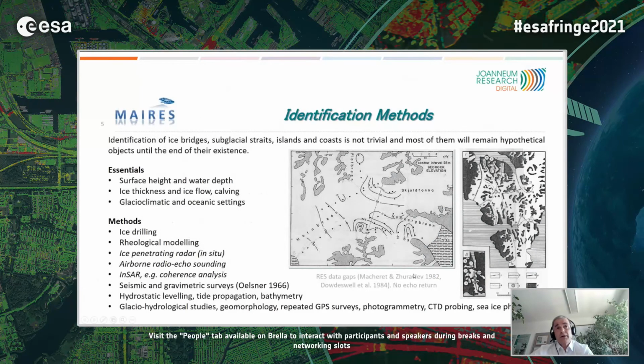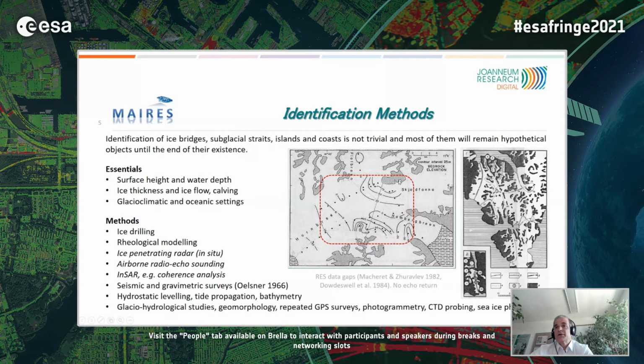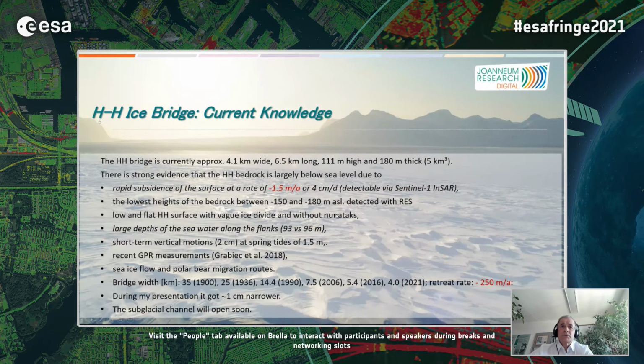Generally, identifying ice bridges, subglacial straits, and glacier-hidden islands and coasts is not trivial, and most of them will remain hypothetical objects until the end of their existence. For the HH ice bridge, there is still strong evidence that its glacier bed is below sea level, due to the rapid subsidence of the surface at a rate of 1.5 meters a year, or 4 centimeters a day.